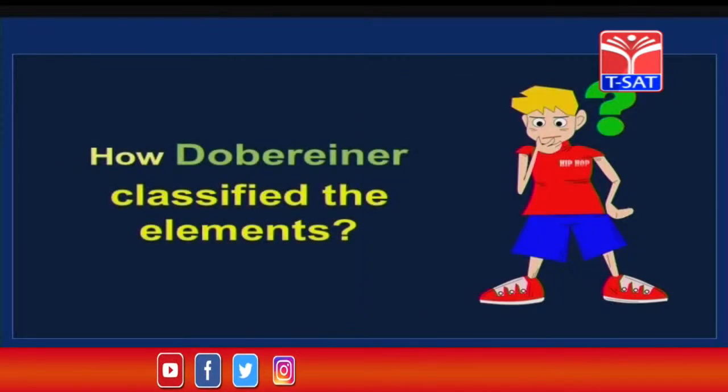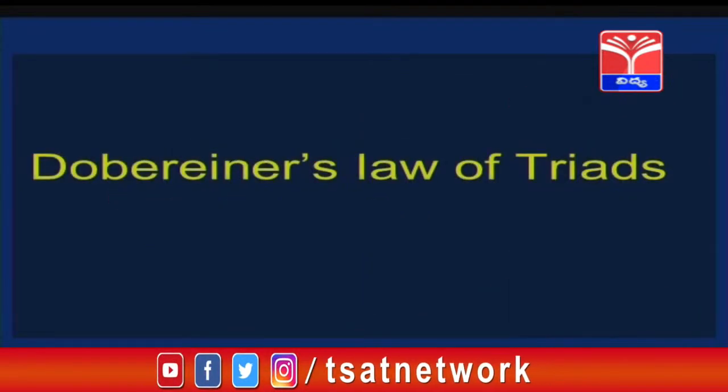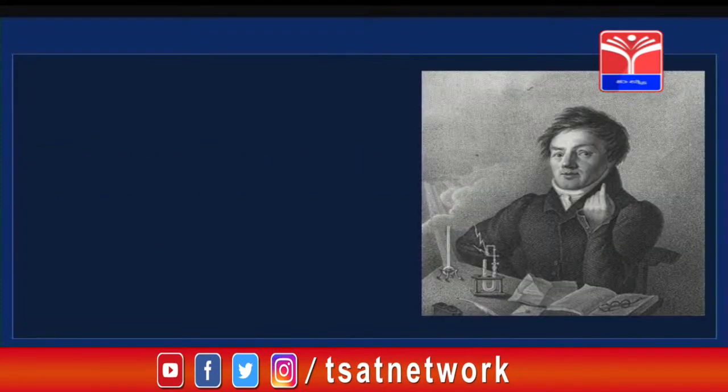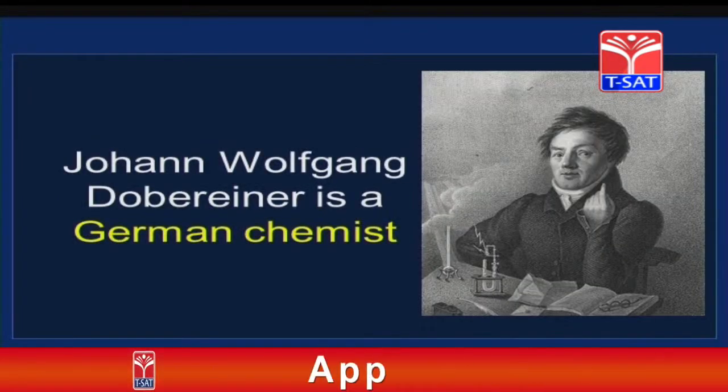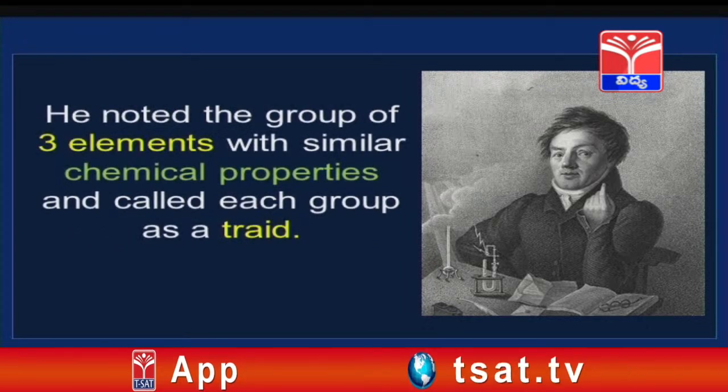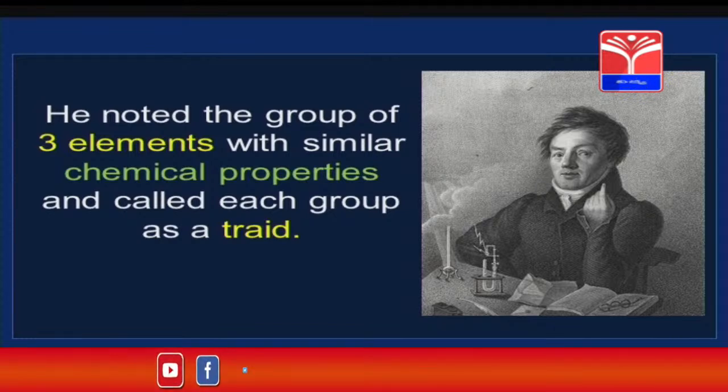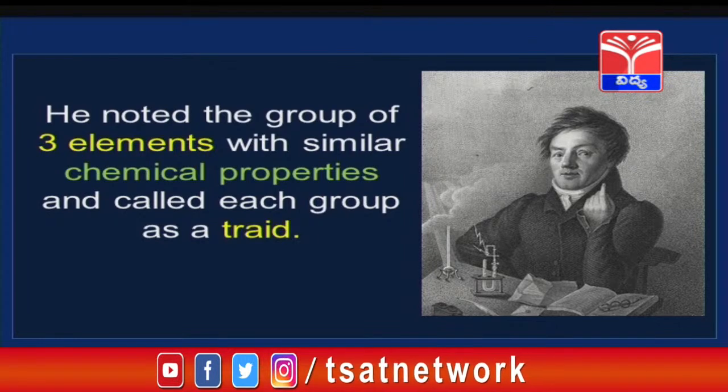How did Dobereiner classify the elements? Dobereiner's law of triads. Now, Dobereiner is a German chemist. He noted groups of 3 elements with similar chemical properties and called each group a triad. That means he named a group called a triad, in which 3 elements are there.